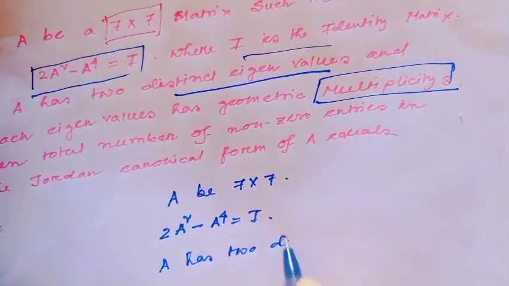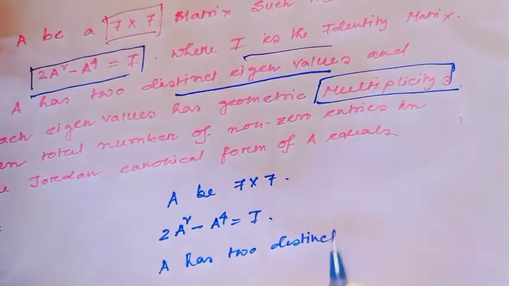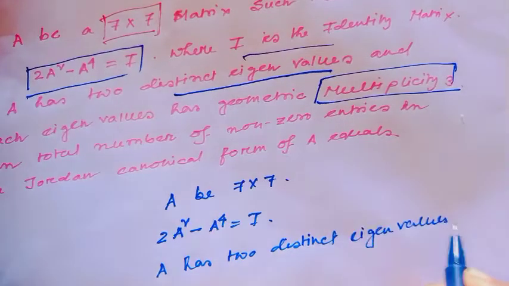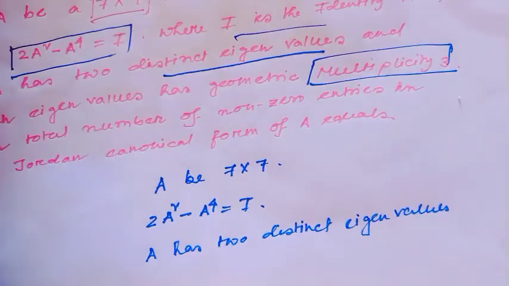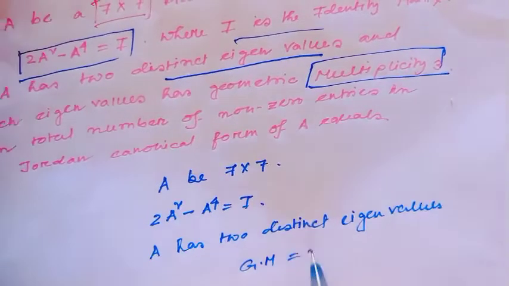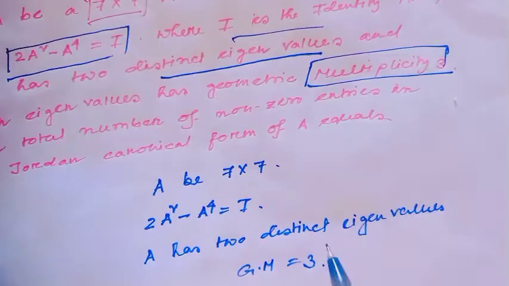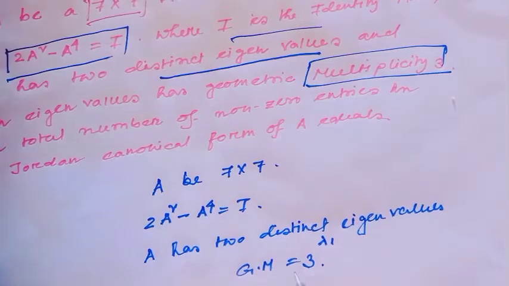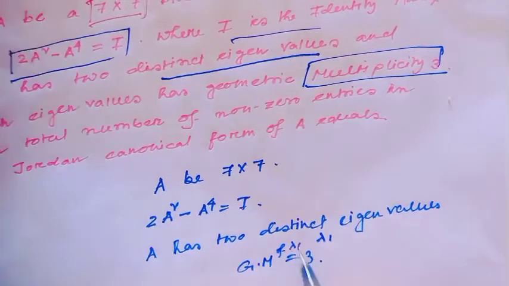two distinct eigenvalues, and each eigenvalue has geometric multiplicity 3. If we consider one eigenvalue lambda 1, then the geometric multiplicity of lambda 1 is 3.